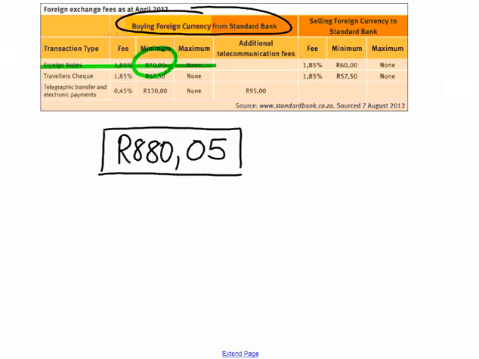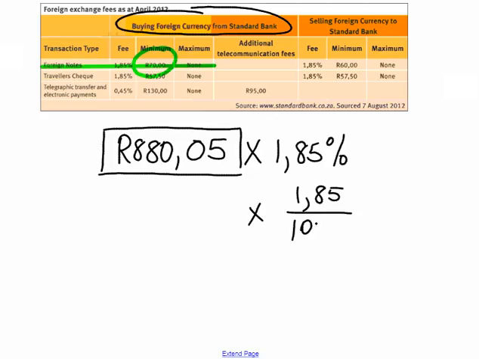Right. So now I'm going to find times 1,85%, which means I'm going to multiply that by 1,85 over 100. And what is the answer to that?